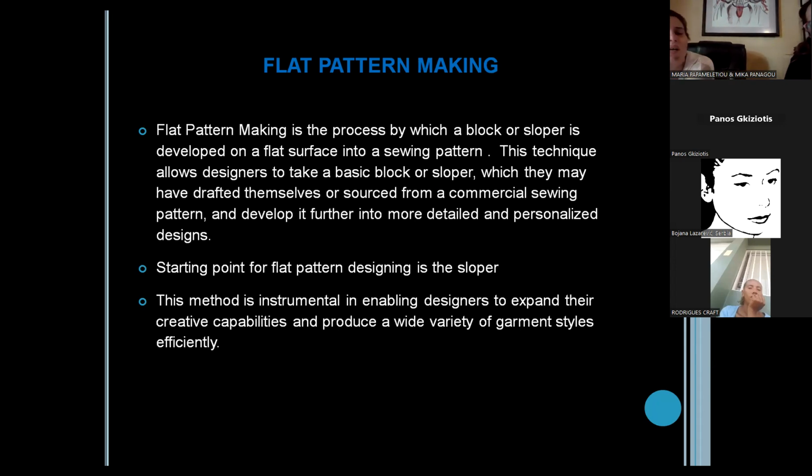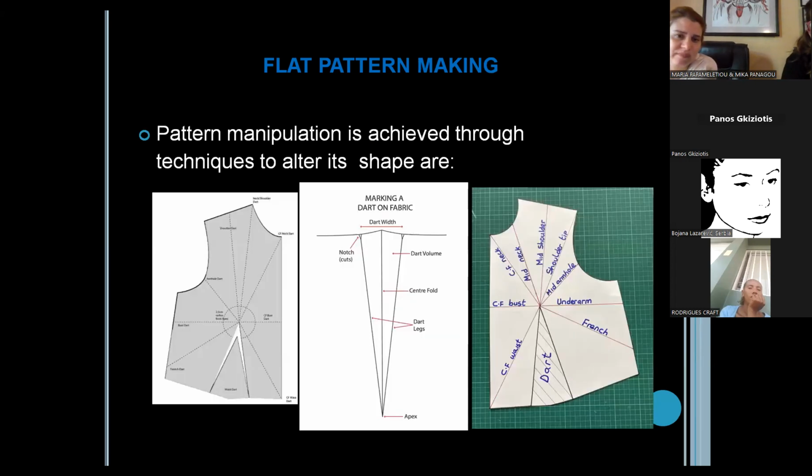With this method, you can produce a wide variety of garment styles. Pattern manipulation alters the shape. A flat paper must become a three-dimensional fabric garment, which happens with darts, gathers, and pleats.